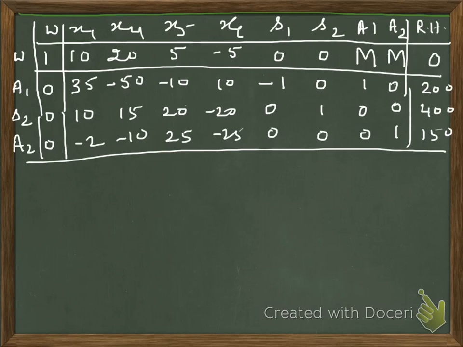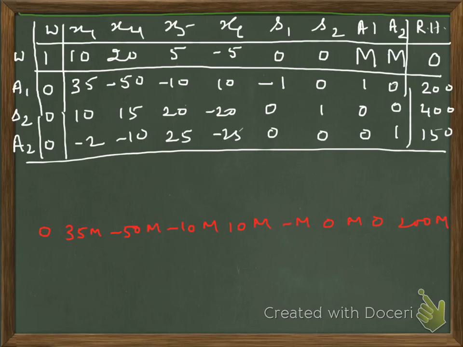So we get here, say, m into 0 is 0, plus 35 into m is 35m, minus 50m, minus 10m, 10m, minus m, 0, m, 0 and 200m.